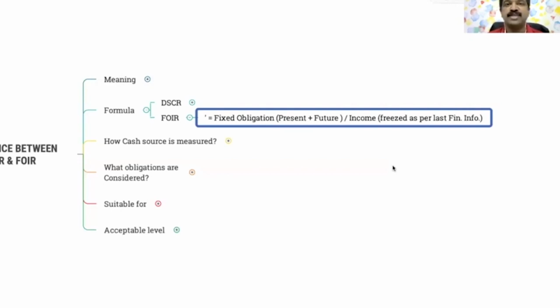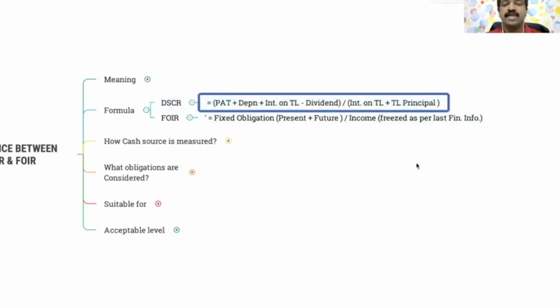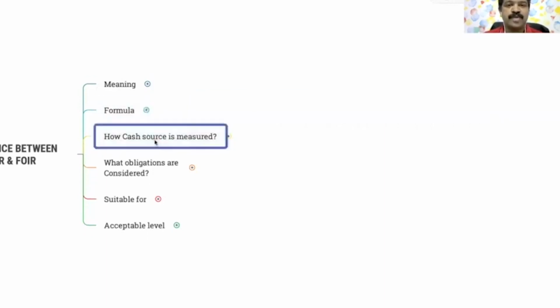Okay, so that's the distinct point when it comes to FOIR, because in DSCR, what you are going to do is arrive at cash profit for the future, and in future this cash profit can be estimated to increase. That's what I have in the next point. Look at how cash source is measured.